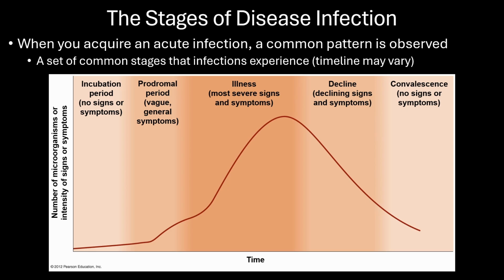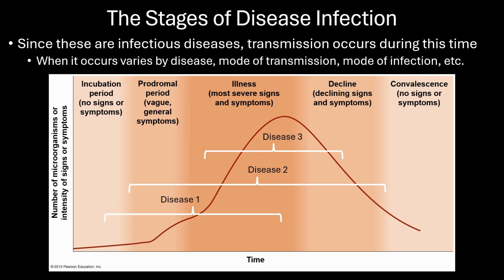Importantly, this is a variable time scale. This is just a general pattern that we observe, but the timeline that this can occur on can vary a lot. And since these are infectious diseases, there are periods of time during our infection that transmission can occur.